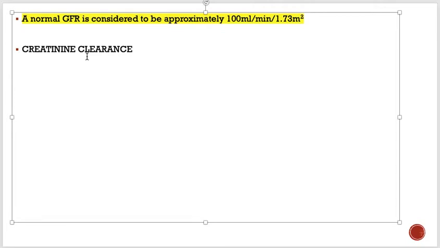In 24 hours, there are 1,440 minutes. So when we calculate the urine rate, we have to use a correction factor to adjust that. The correction factor is 0.694.